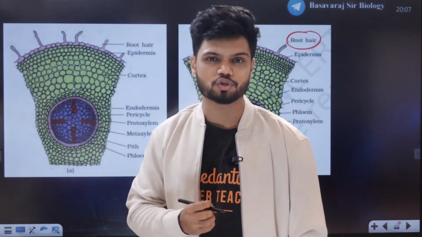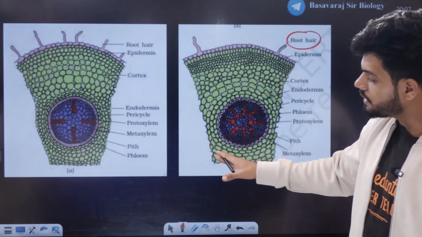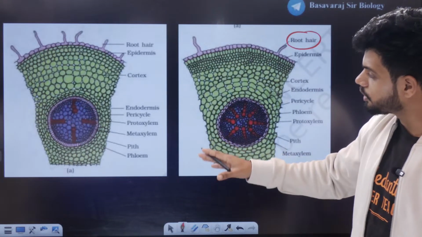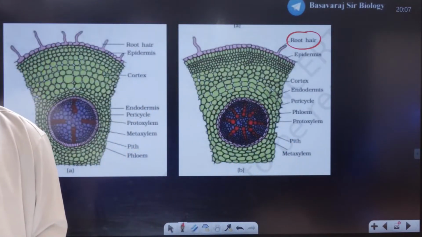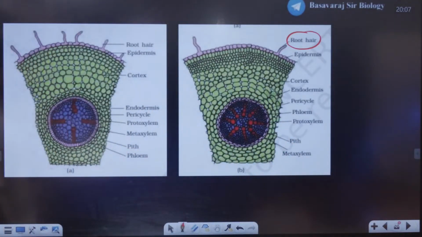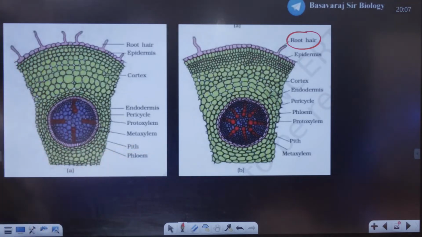Now, next question. Which of the following, A or B, is monocot and which one is dicot? Is A monocot or dicot? Is B monocot or dicot? Quickly in the chat.